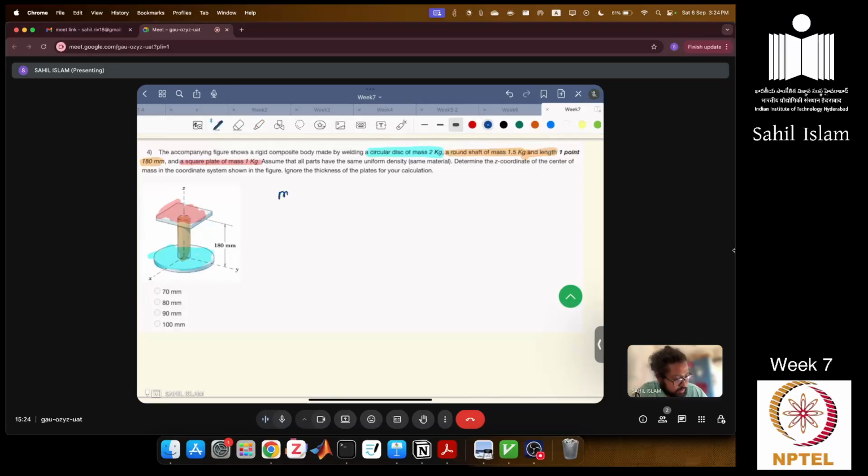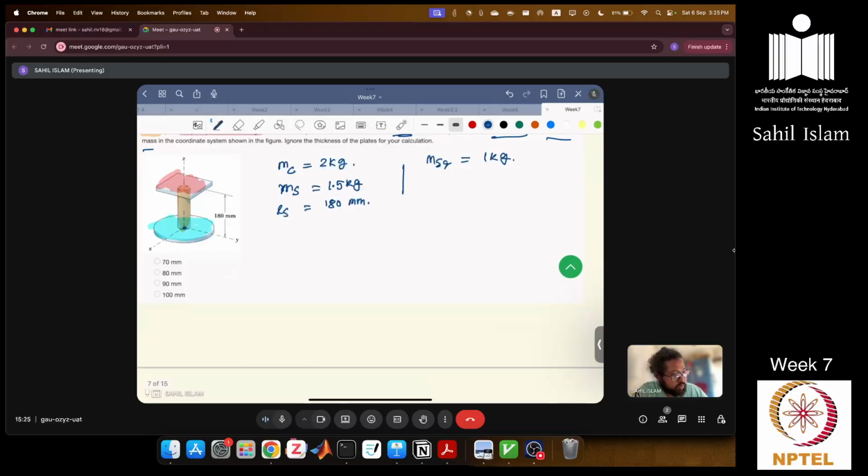Assume all these parts have the same uniform density, the same material. Determine the z coordinate of the center of mass of the given system.